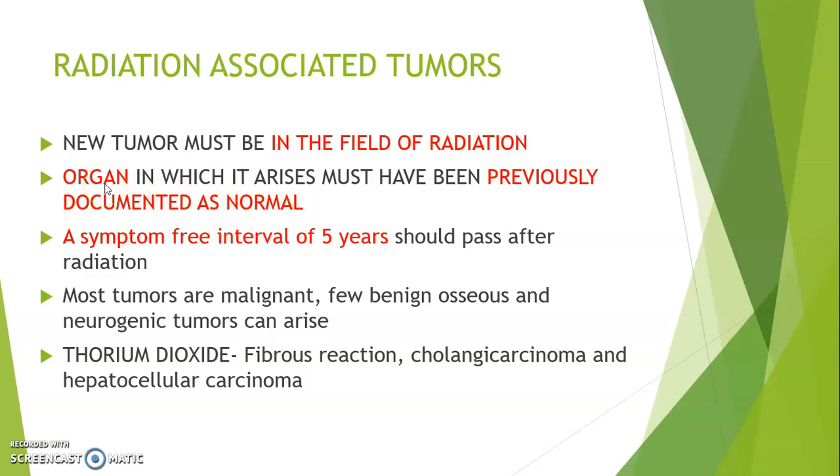So the organ showing new tumor associated with radiation must be previously free from tumor. A symptom-free interval of 5 years should pass after radiation to label it as radiation-associated tumor. Most radiation-associated tumors are malignant. Few benign osseous and neurogenic tumors can arise.